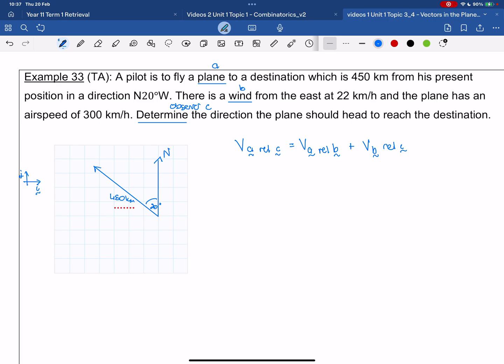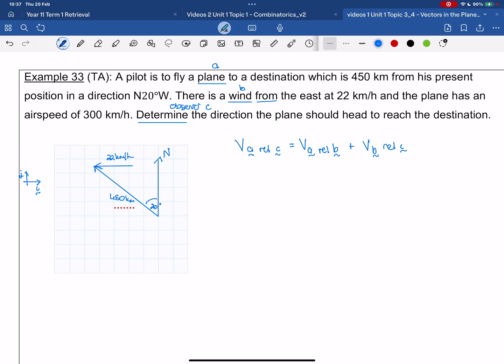But the wind is blowing from the east. So wind is named by the direction from which it blows. So if it's blowing from the east, it's blowing towards the west. So what we've got is a wind blowing like that at 22 kilometers per hour.